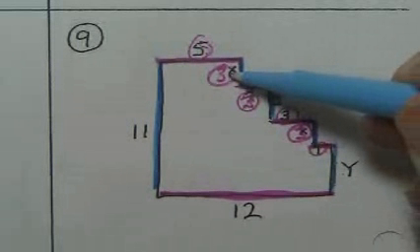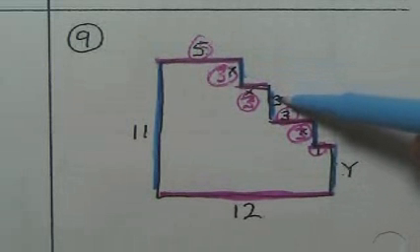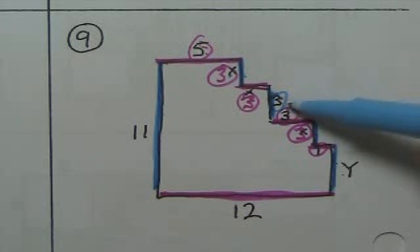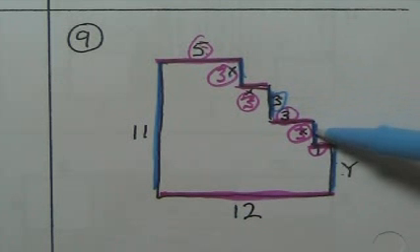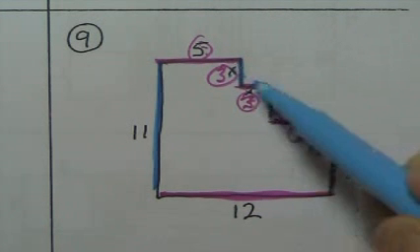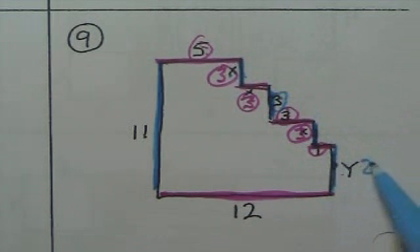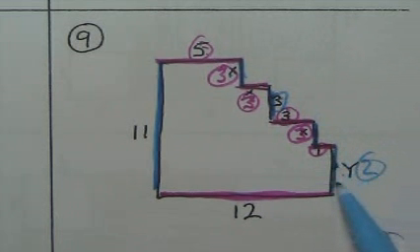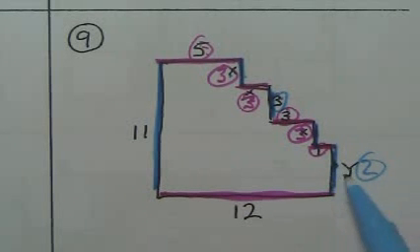So we have 3, and another 3 makes 6, and another 3 makes 9. So how much more to make 11? That's 9 plus 2. So this is 2. Yeah, it doesn't look like it, but if this is 3, this should be more. But anyways, this is 2. It's not to scale.